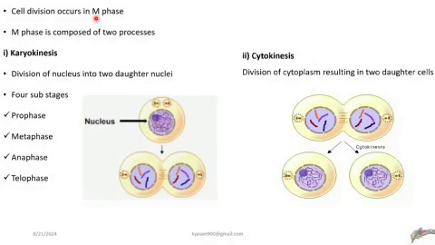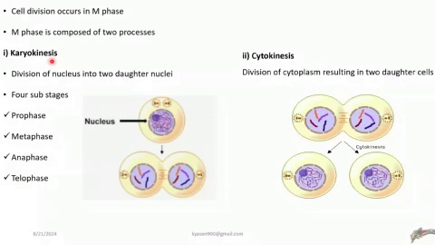In the M phase, we have two processes happening. Number one, karyokinesis. This means nuclear division. The nucleus is going to divide so that the contents can be separated to go into different daughter cells. This process occurs through these different stages: prophase, metaphase, anaphase, and telophase.